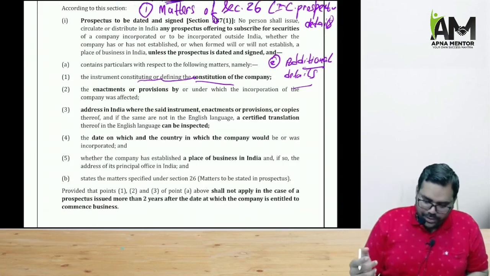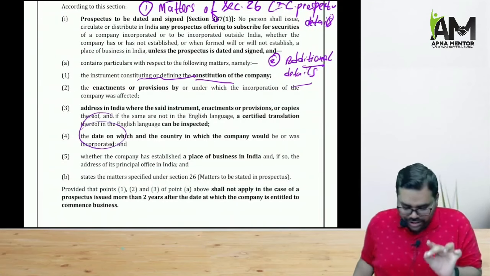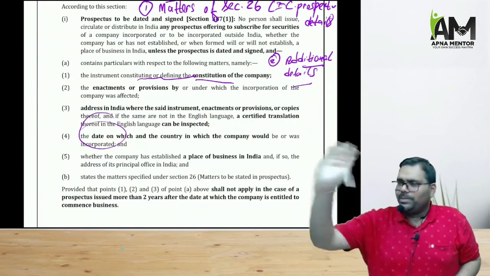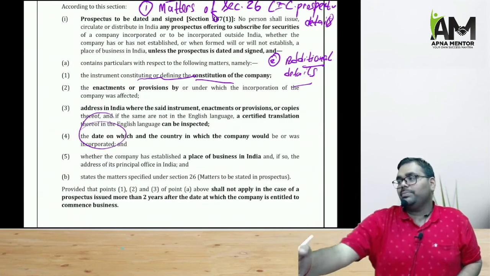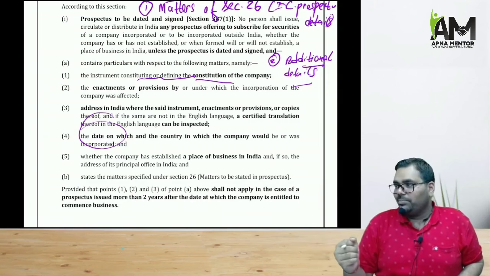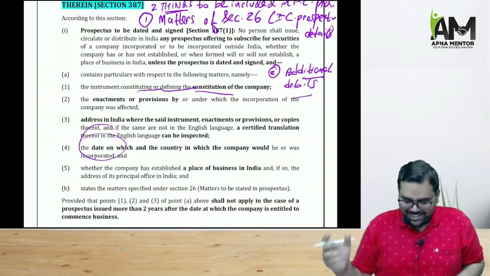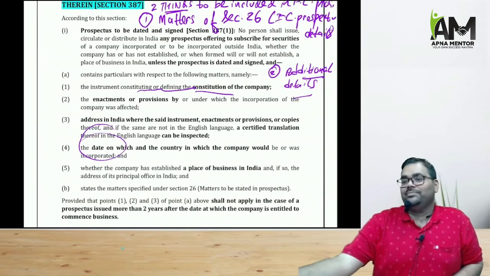And the most important, mark the date on which and the country in which the company was incorporated. Country तो बताओगे, समझ में आता है कि we were incorporated, we are a Japanese based company, we are an Afghanistani based company, we are a Pakistani based company. You know, you will say that there is a lot of love from Pakistan. It is a Russian based company, but it will also include the date.